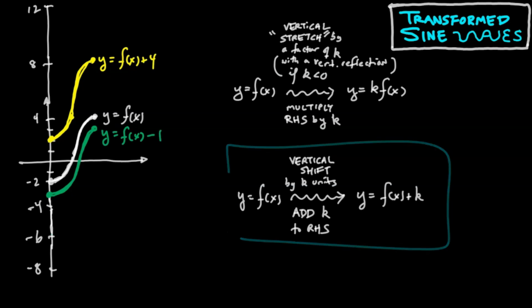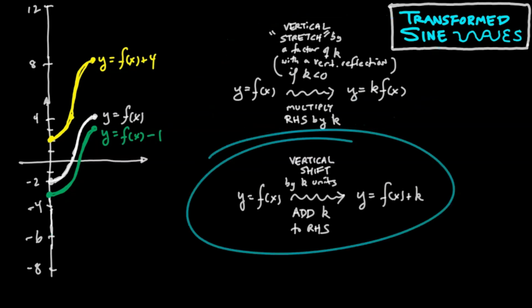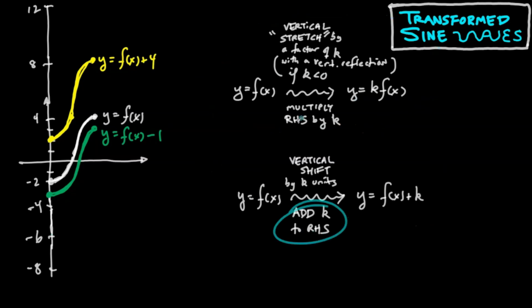Okay, very easy. Now, I find most students are pretty comfortable with those two correspondences between algebraic transformations and geometric transformations. And it is indeed very easy so long as we are talking about vertical transformations. Here we had a vertical shift, a vertical stretch, vertical reflection, and the corresponding algebra was always just simply doing something to the right-hand side of the equation.